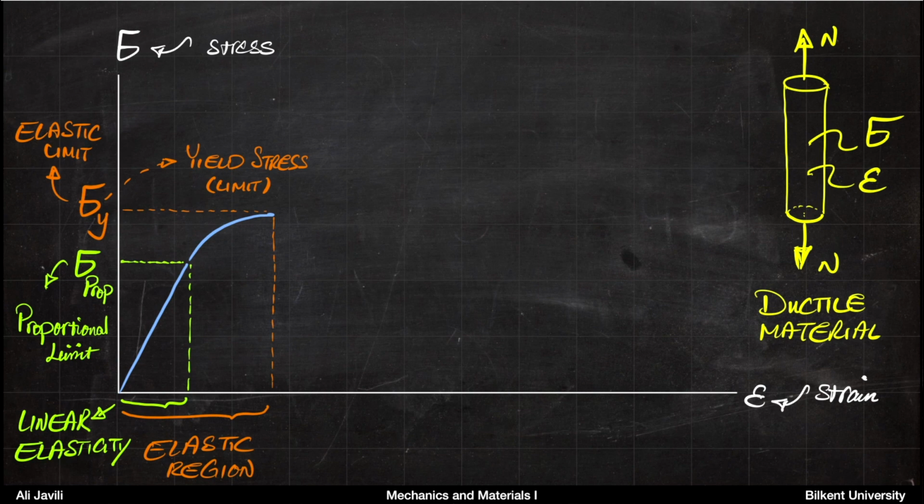So this limit until which the material behavior is elastic, you can imagine it goes back and forth on the same line, we call that limit the yield limit or yield stress limit. Corresponding to the elastic region, you can also call it the elastic limit.